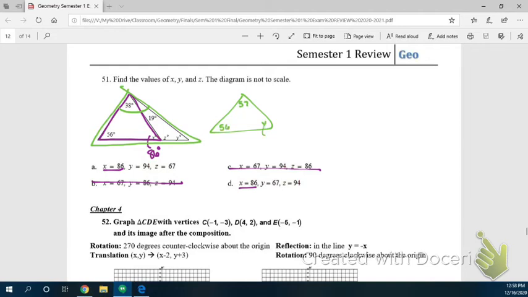Well, to solve for y, just subtract from 180. 180 minus 57 minus 56, and we're left with 67 for y. Since this one says y is 94, I'm going to go with that y is 67 for D. I didn't even have to find z. Now, if you're interested in finding z, I noticed that angle x and z are a linear pair, so I just took 180 minus 86, and I could verify that I got 94 for z.